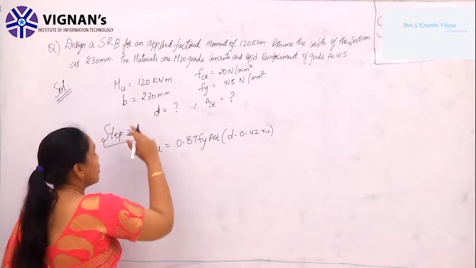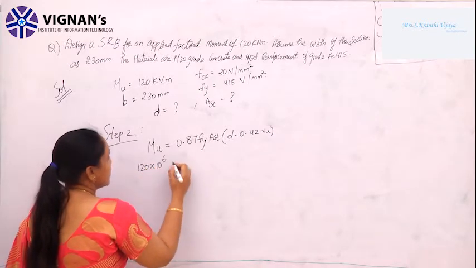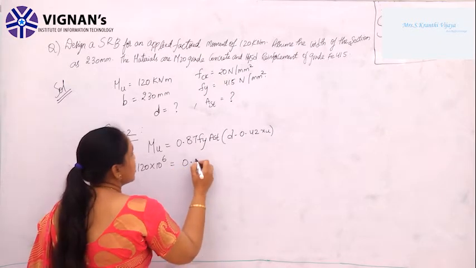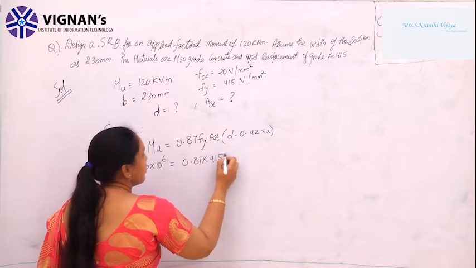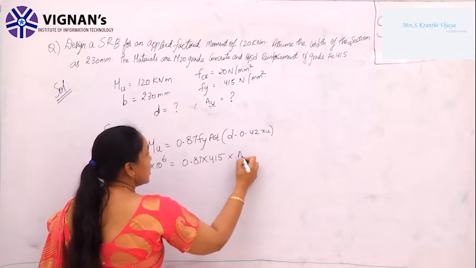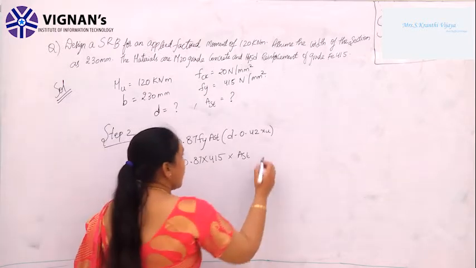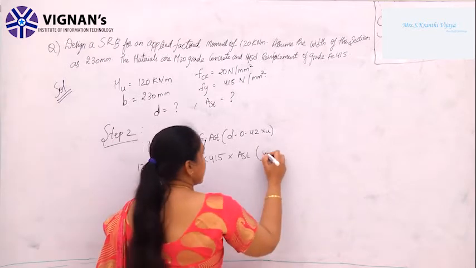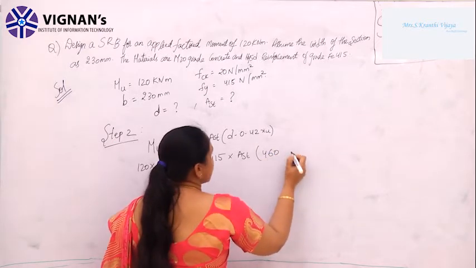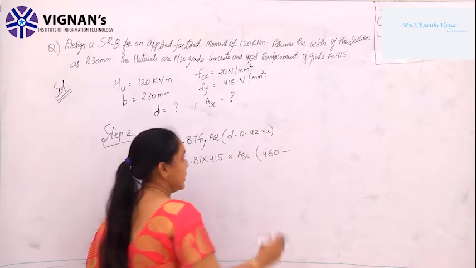Here the value of Mu is already given, 120 into 10 to the power of 6, is equal to 0.87 into Fy. What is Fy? It is 415, into area of steel, which is what we have to find out now. And d we have calculated previously, which is 460 mm, the effective depth you have to consider here.